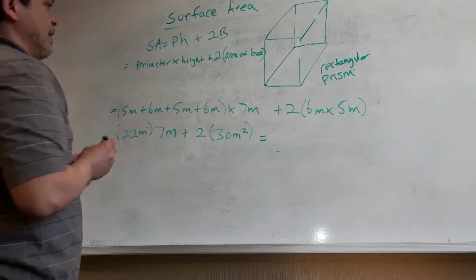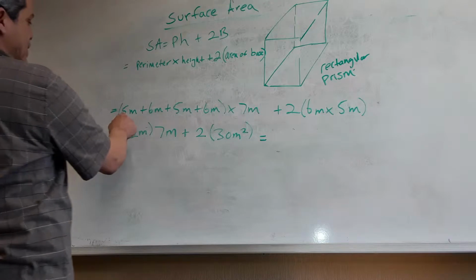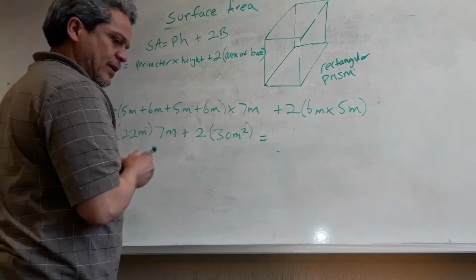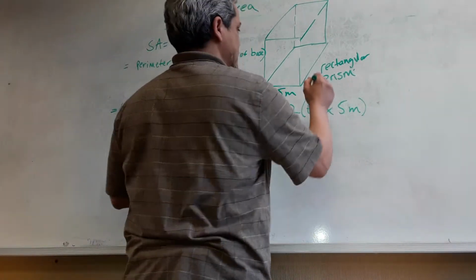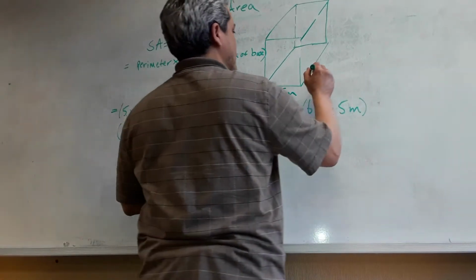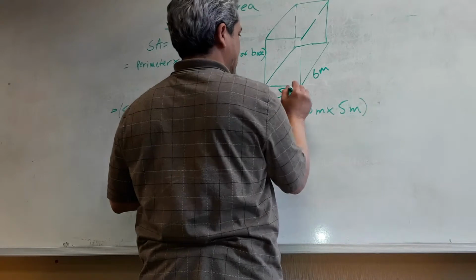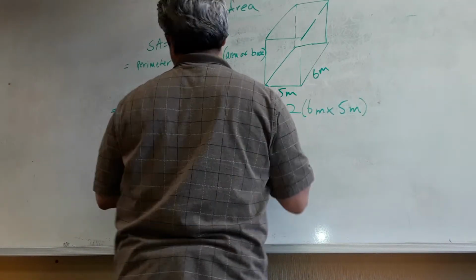So the perimeter, how do we get perimeter? We remember from previous lessons, for perimeter we add the sides. So if this is 5 meters, and this is 6 meters, and this is 6 meters, then we're going to add 5 plus 6 plus 5 plus 6.